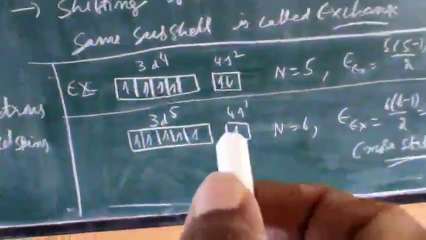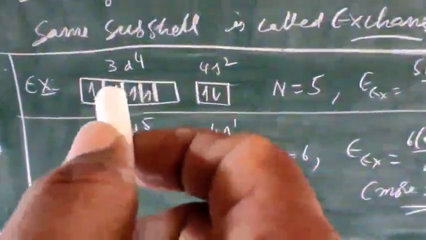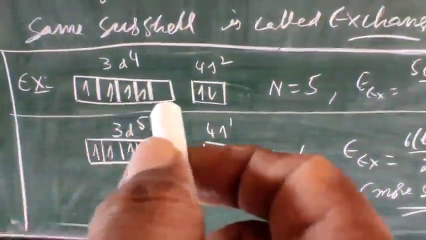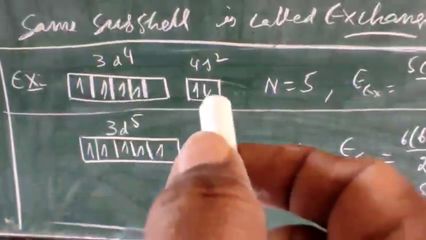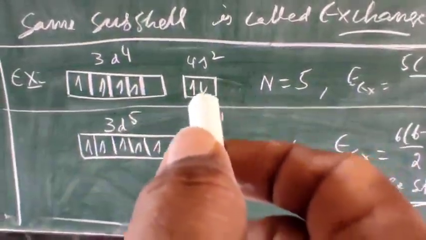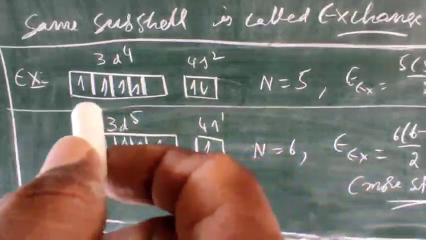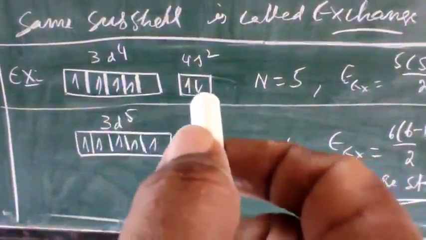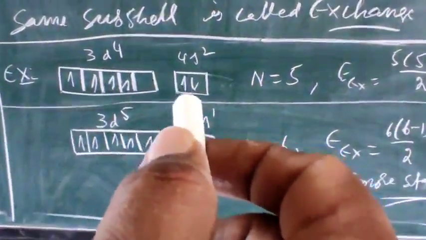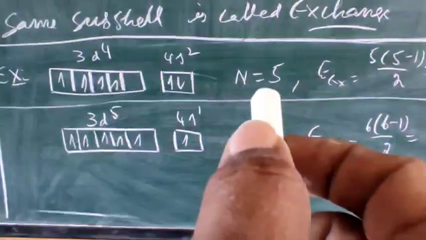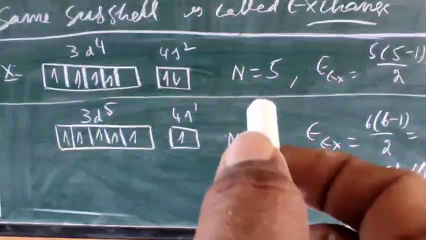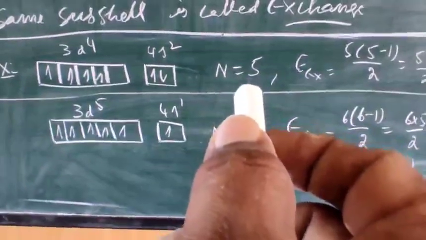Suppose you observe this example, 3d4, 4 single electrons with parallel spin are there, and 4s2, which means 2 electrons with opposite spin. Out of these, 1 electron from 4s. Overall 5 electrons with parallel spin we can observe. So here n is equal to 5.